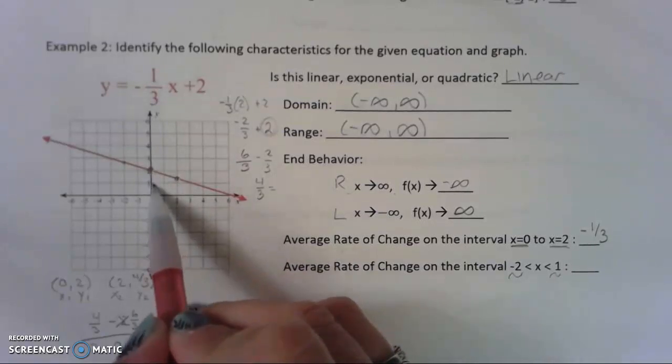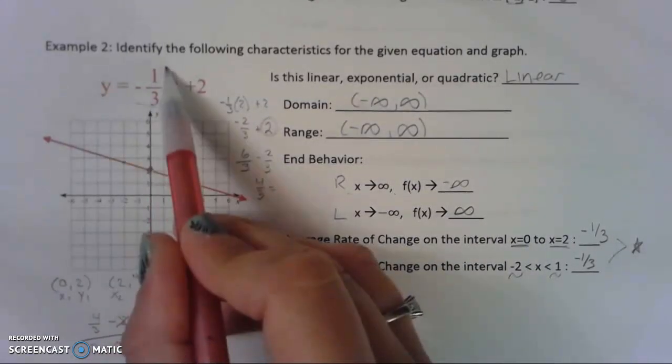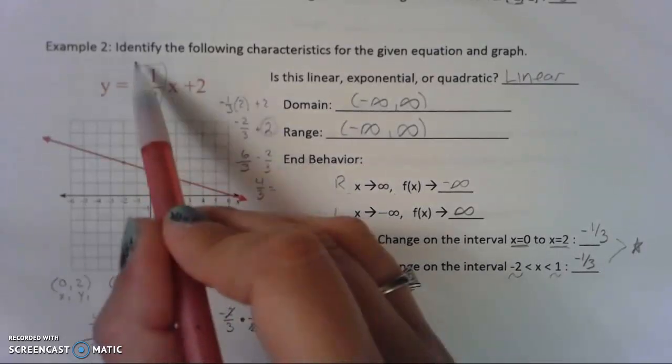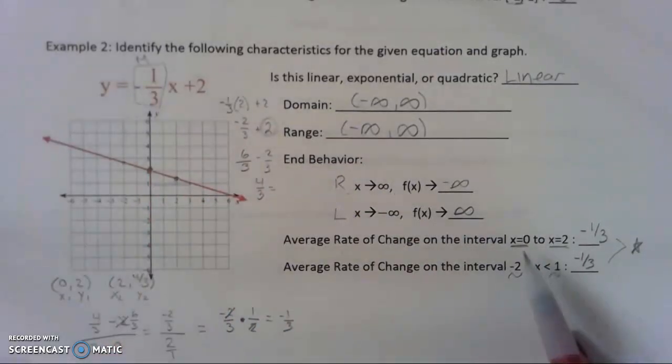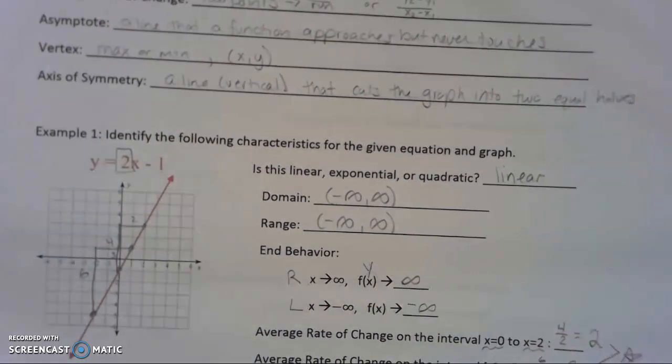We could have seen that this was down 1/3. But on this one, we'll also get a negative 1/3. So we're seeing these are the same, and it's giving me this. Now, I could have just straight jumped to this slope and put that over here. That would have been just fine. Okay? All right, let's look at the next example.